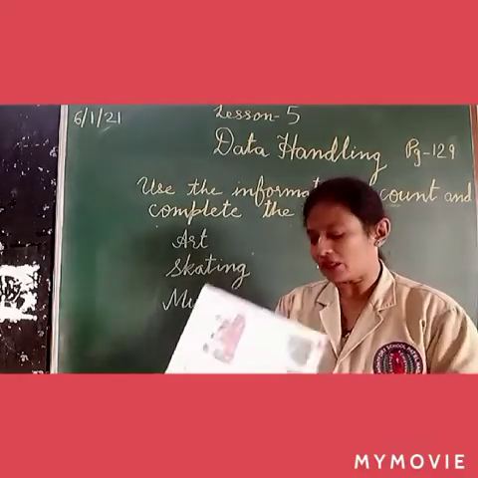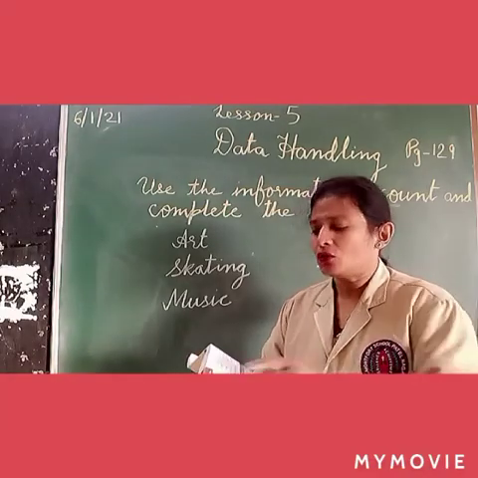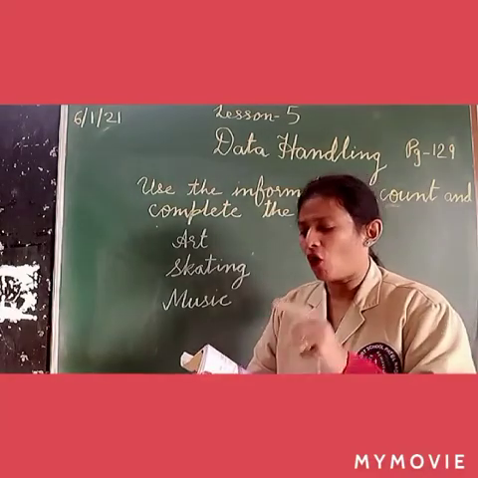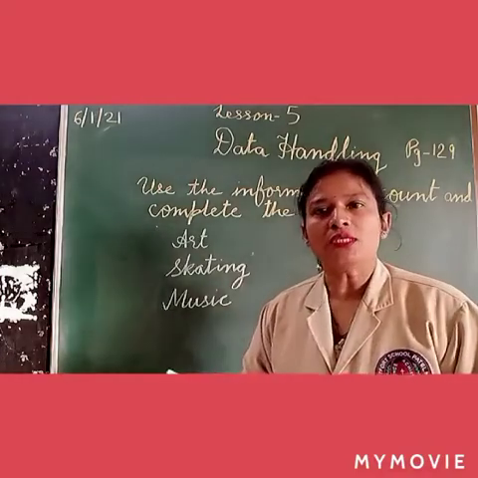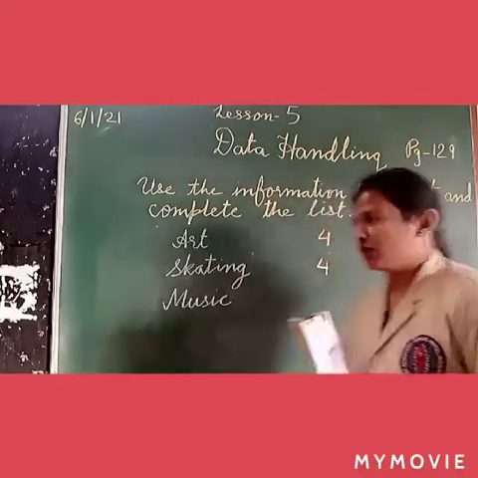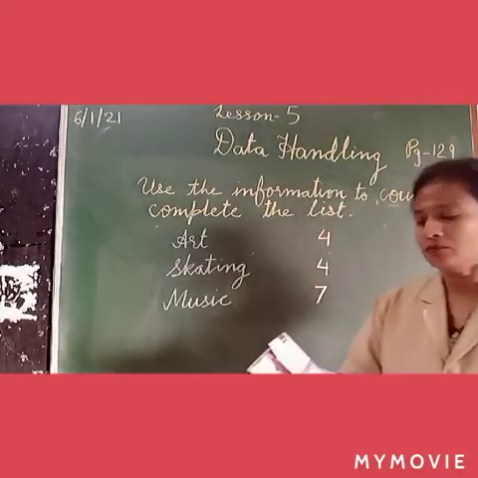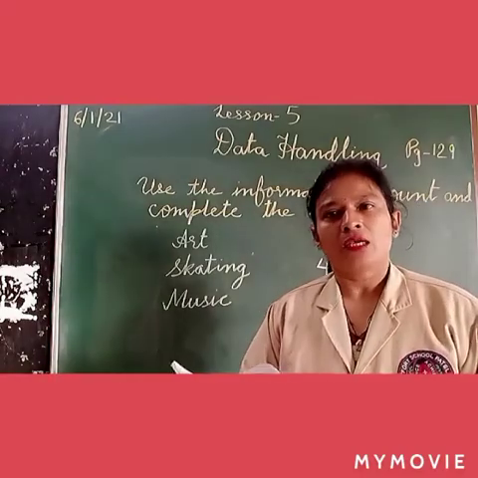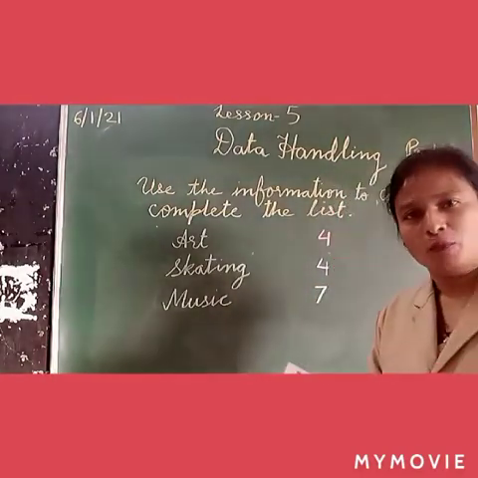In this way, let us count one by one. 1, 2, 3, 4, 5, 6, 7. Number of students who chose music as an activity are 7. So, we will write here 7. In this way, you have to complete the exercise given in your book.